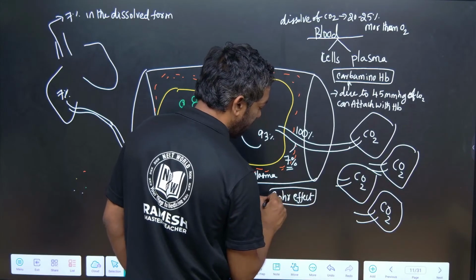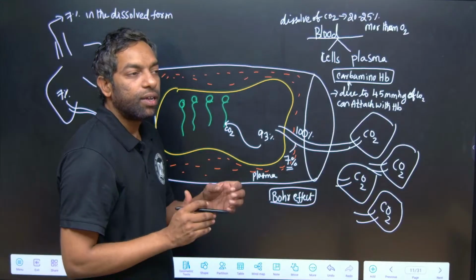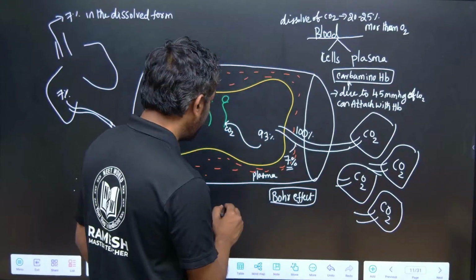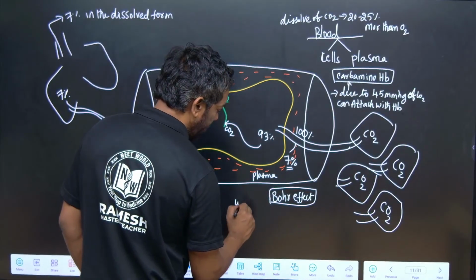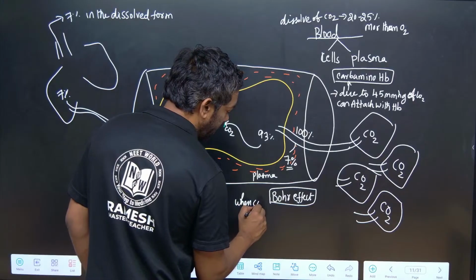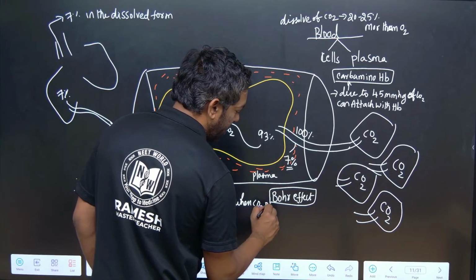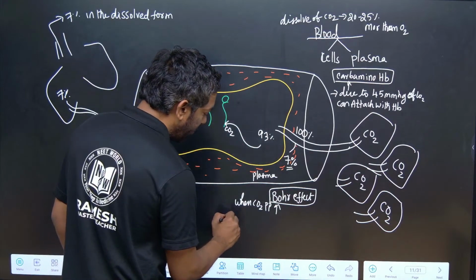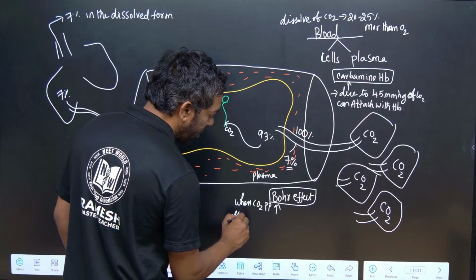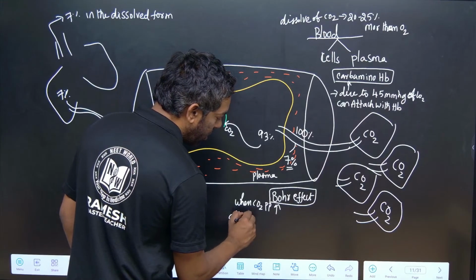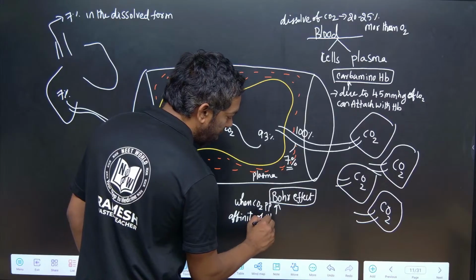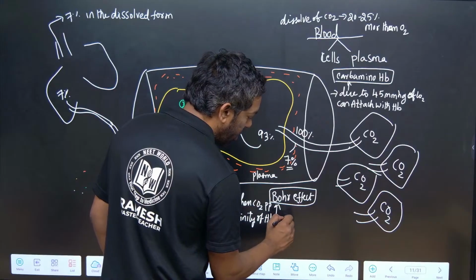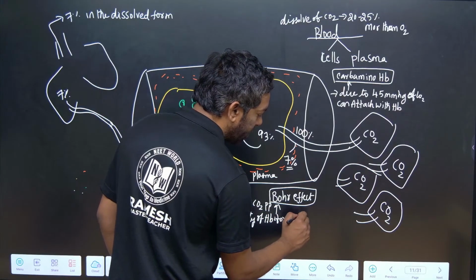When the partial pressure of carbon dioxide increases, the affinity of hemoglobin for CO2 will increase.